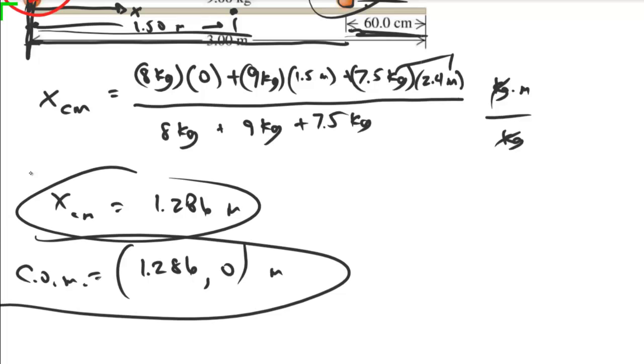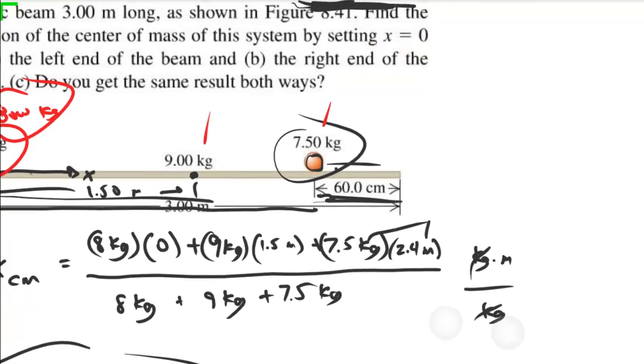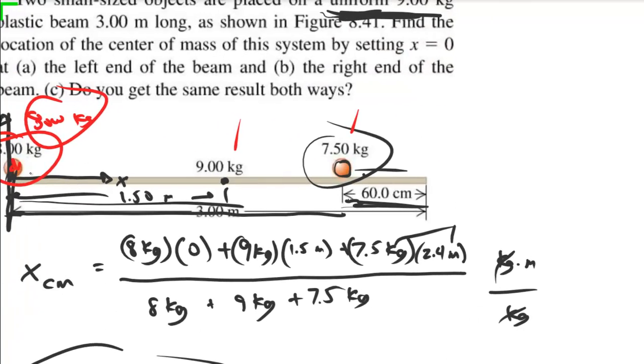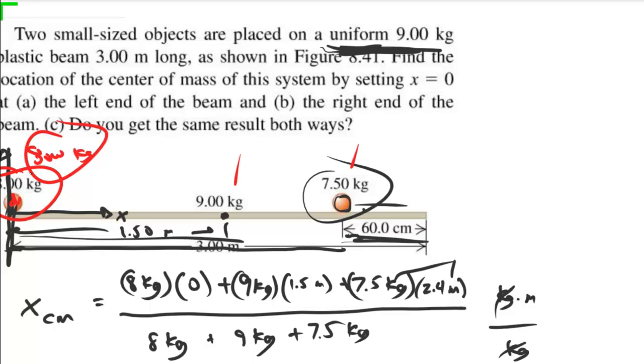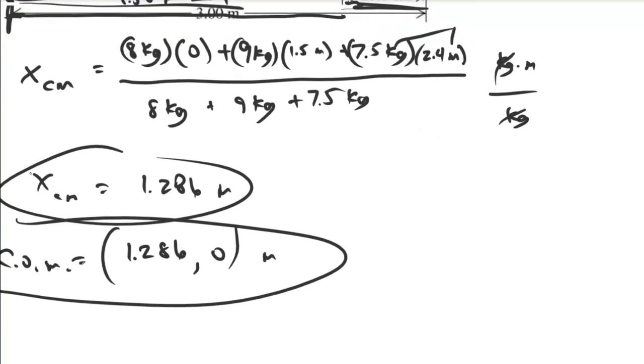For part B, like I said, we're coming up here and we're going to have the coordinate system over this way. I'm going to call still positive to the right. So by calling positive to the right, this will have a negative location, right? Actually, all of them will have negative locations. So let's write that out here.